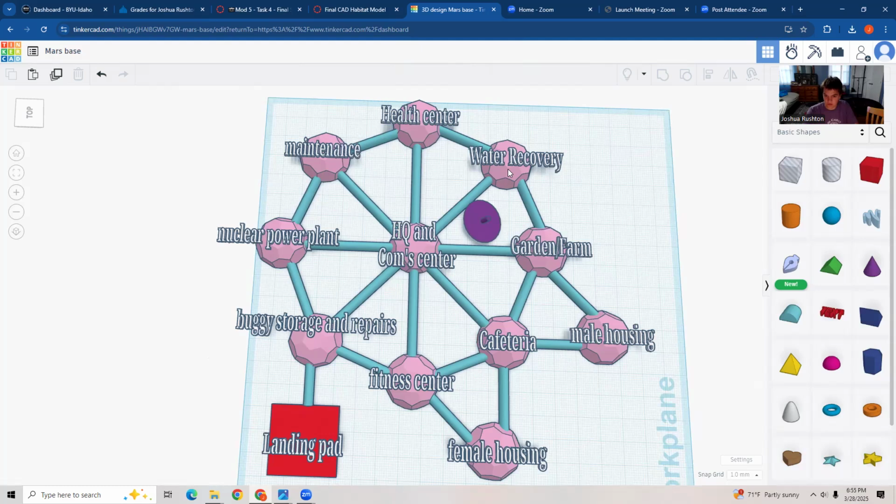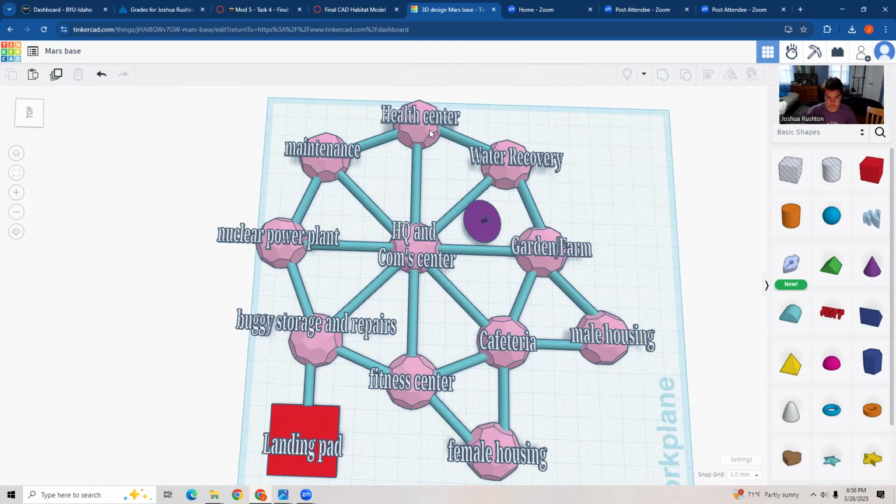Up here is the water recovery unit, which will be where we process water ice and also where we have the water recovery systems as well as the water processor. With this, there should be enough to support 100 at the start and then eventually 250.